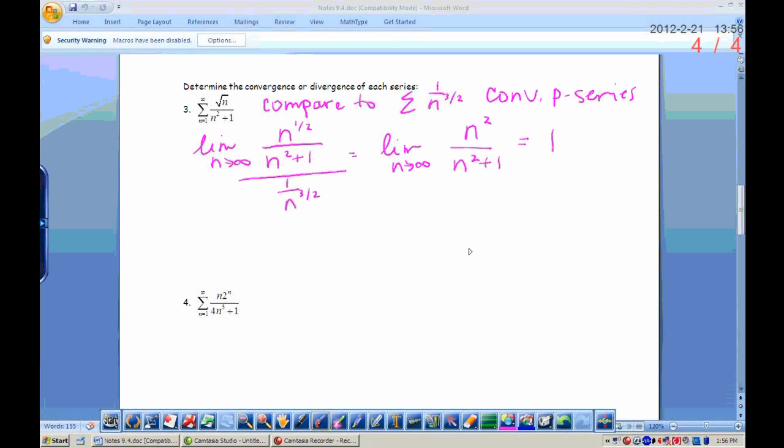So that limit equals 1. Is that a positive finite number? Yes. So therefore, my original one converges since the comparison one converged. They will either both converge or both diverge, as long as that limit is a positive finite number.